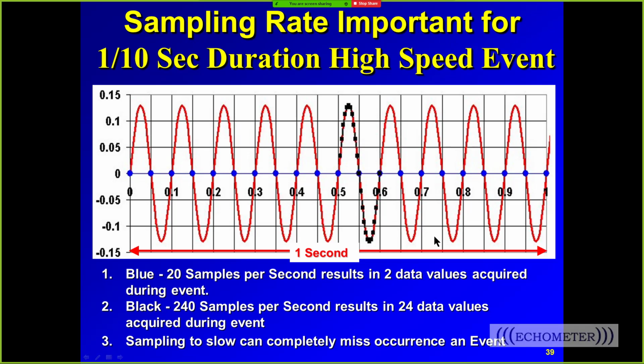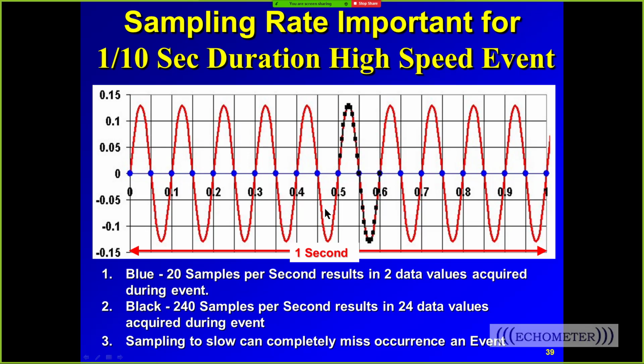Now, this may be confusing, probably is, but this represents an impact load, and the time for it is short. This time from here to here, actually it's a wave, is only 1/10 of a second. So if you're sampling 20 times a second and you have an impact that creates an acceleration 1/10 of a second wide, you get 1, 2, 3 points, and that's all you see, a straight line.